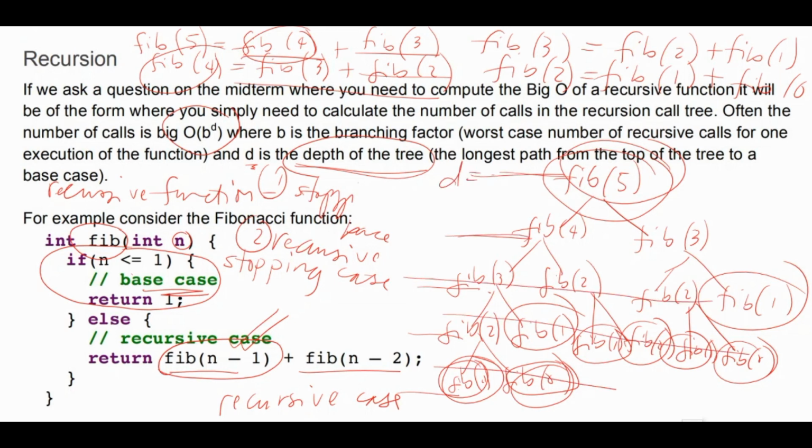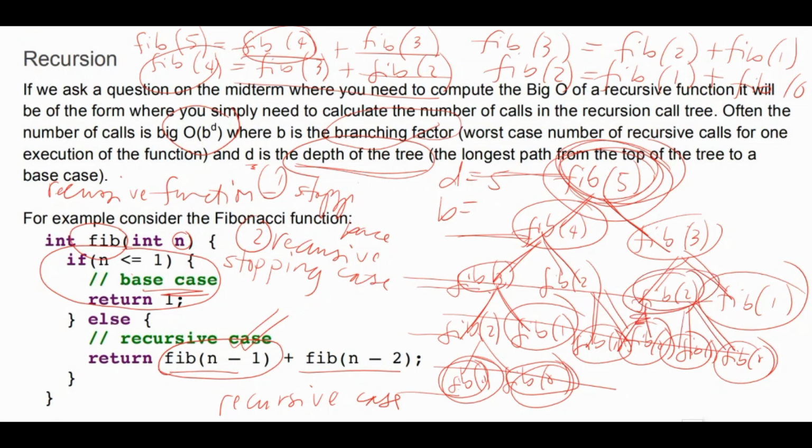So d is 5, and b is the branching factor, branching out. So for every node in the tree, or for every recursive call, that would result to 2 calls. And this call would result to 2 calls. This would result to 2 calls. This one, 2 calls. This one is the base.